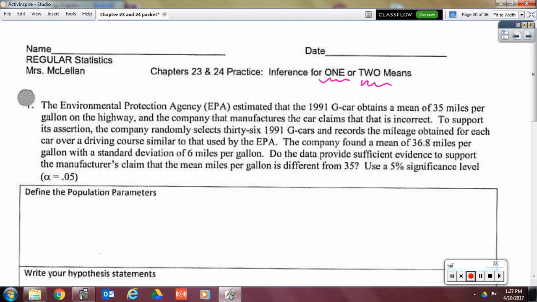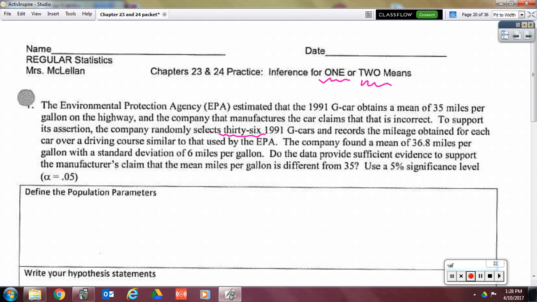To support its assertion, the company randomly selects 36, that's in words, so you might miss that if you don't notice that. What is that? Randomly selected 36 cars. That's going to be the sample size. They record the mileage obtained for each car over a driving course similar to that used by the EPA.